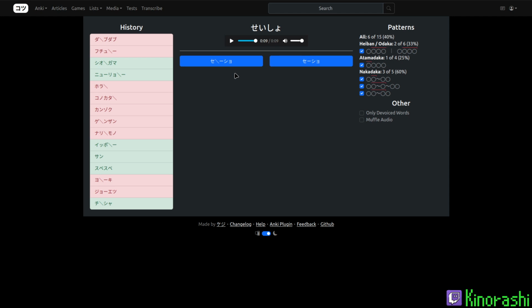Sei-sho or Seisho. This is saying, is it Atamadaka?